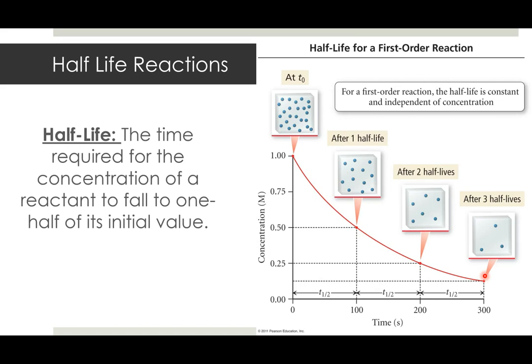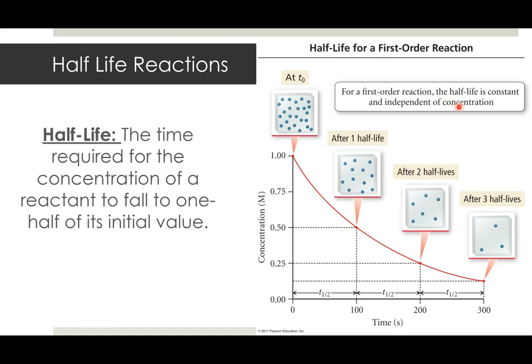The reason that we are only going to look at first order reactions is that for first order reactions, the initial concentration is independent of the half-life. So for a first order reaction, the half-life is constant and independent of concentration.